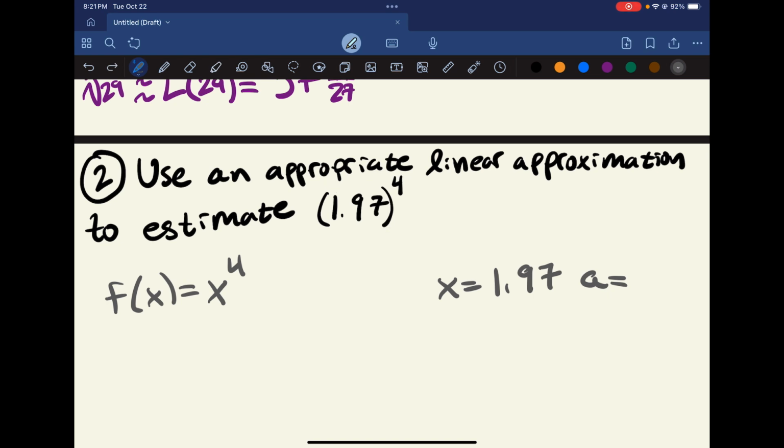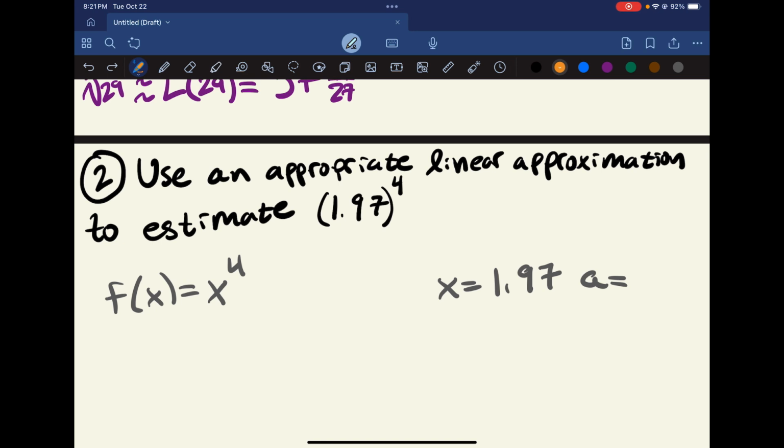So now we've got 1.97 to the 4th power. That's what we're trying to approximate, but now we need a value that we can plug into this function instead of 1.97. That's pretty close to 1.97, but we can easily figure out what it to the 4th power actually is.